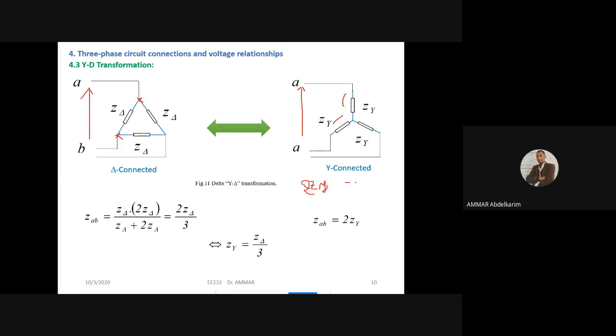We have two loads or two resistances, for example, connected in series. So this is the load when we have a Y connection.